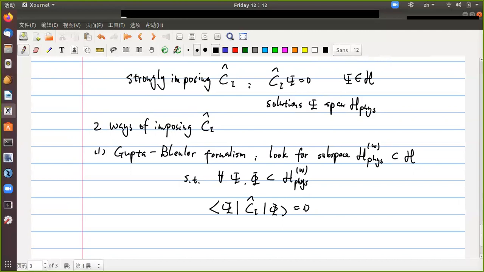Okay, so you can see this is weaker than strongly imposing constraint, because this part is just a constraint operating on a state.